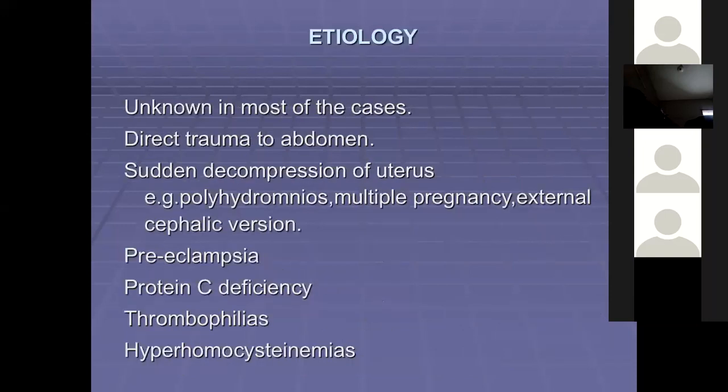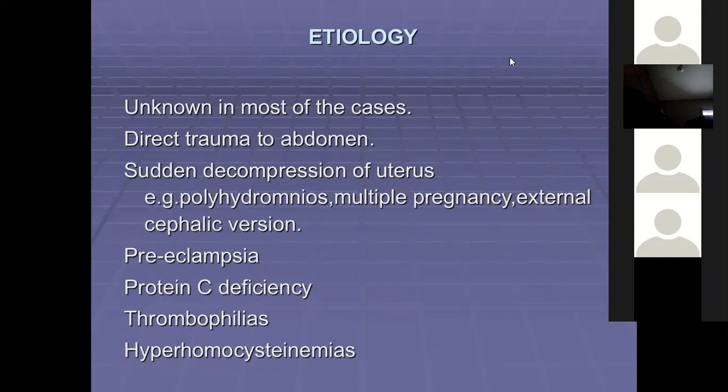Now, what are the reasons, the causes? Etiology is unknown in most cases. Maybe there is a history of direct trauma to the abdomen or sudden decompression of the uterus, like in case of polyhydramnios or multiple pregnancy, or the patient has gone through an external cephalic version procedure. These are the reasons that may lead to abruption.